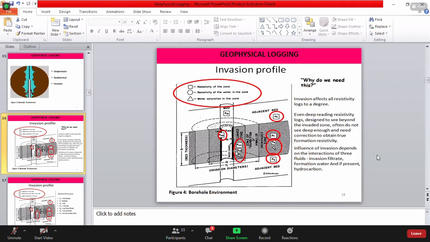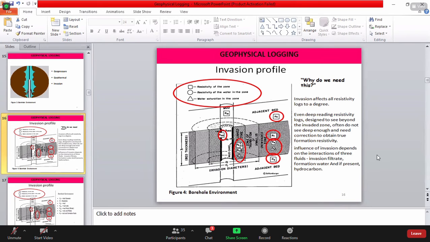As the mud filtrate comes in, it displaces the formation fluid, that is the fluid in that reservoir, at that depth in the formation. So the flush zone is a zone whereby the formation fluid has been completely replaced by the mud filtrates.